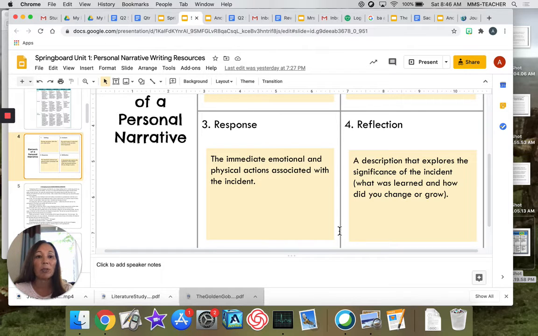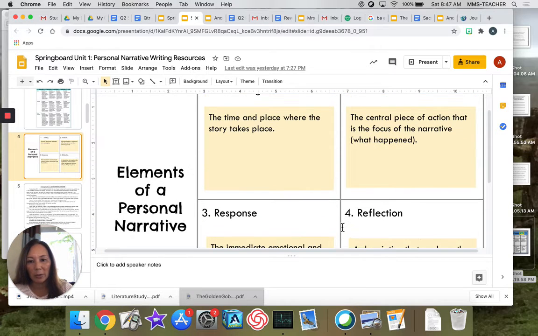And 4, reflection, a description that explores the significance of the incident, what was learned, and how did you change or grow. So I want you to copy this slide down into your composition book, just like this. So if you have to stop and pause this video, please do so.